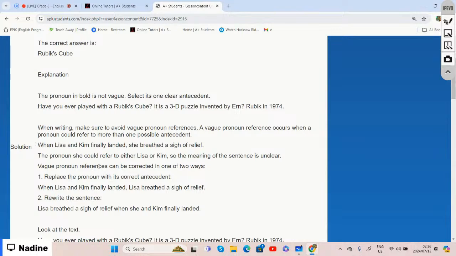A vague pronoun reference occurs when a pronoun could refer to more than one possible antecedent, and we can then also fix our vague pronoun antecedents.